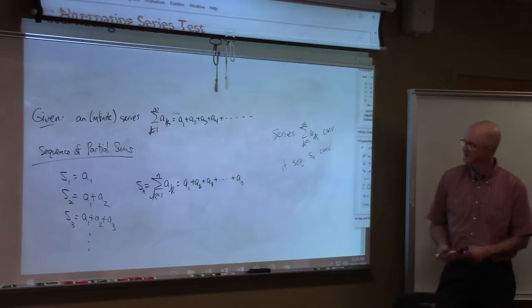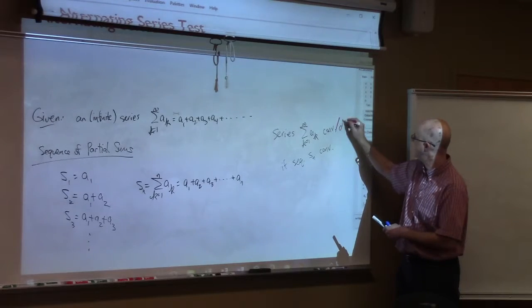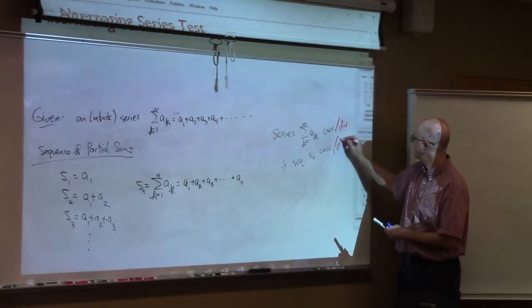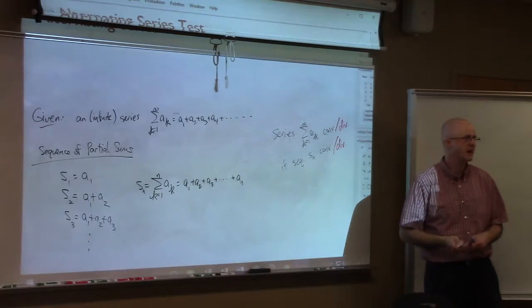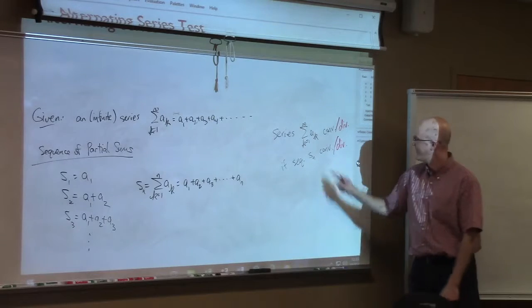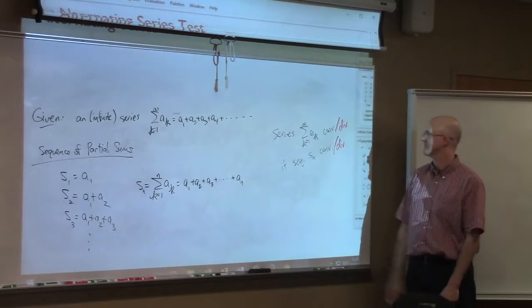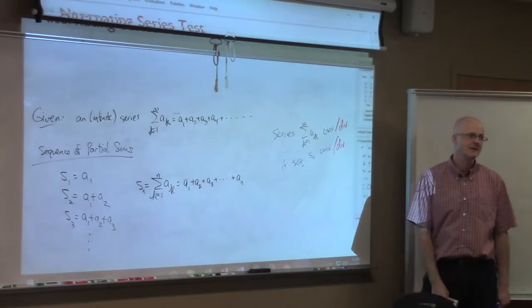And it diverges if the sequence of partial sums diverges. I'll put a /div in both spots. So the sequence of partial sums either converges or diverges. If that sequence converges, we say the series converges. If that sequence diverges, we say the series diverges.